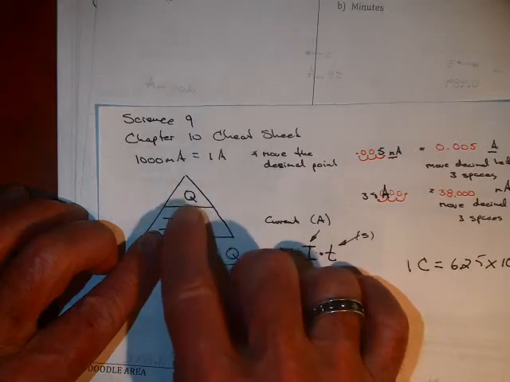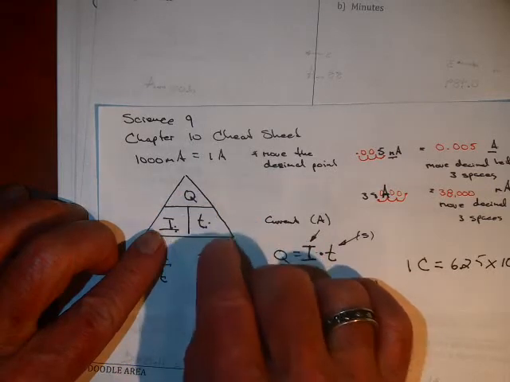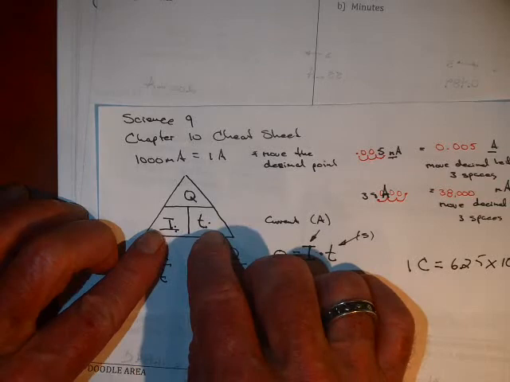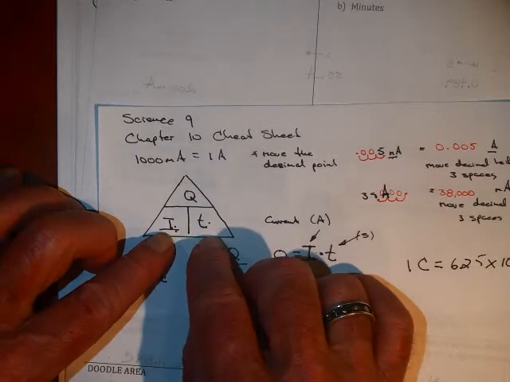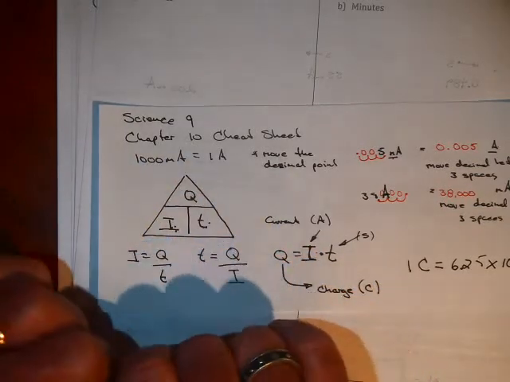You could be given I and T, solve for Q. You'd be given T and Q, solve for I. Or you could be given I and Q, solve for T. It's all the relationships, okay?